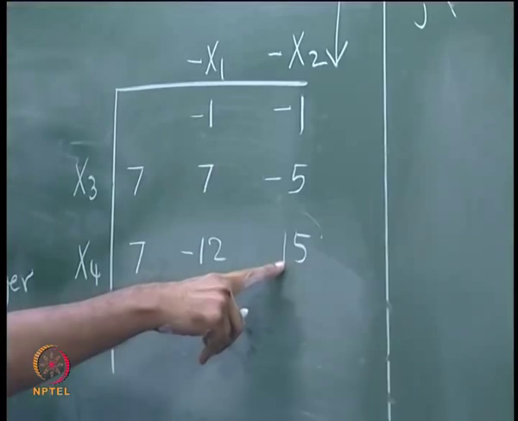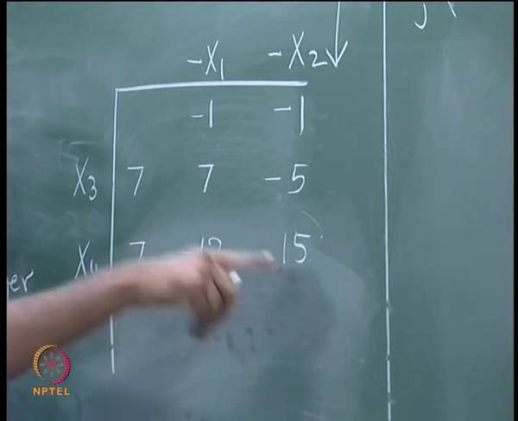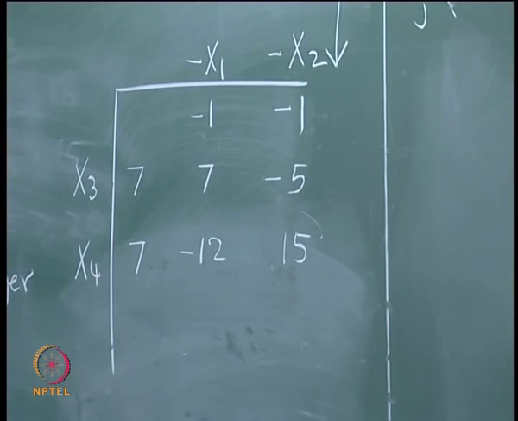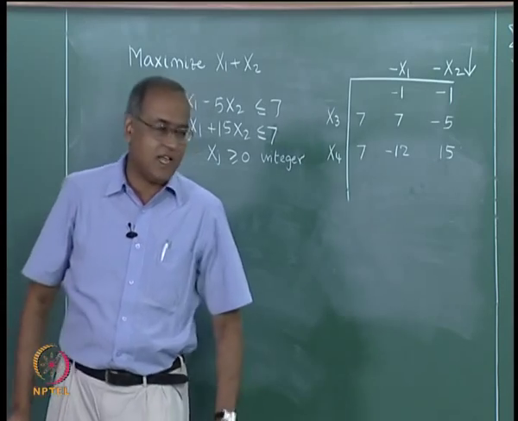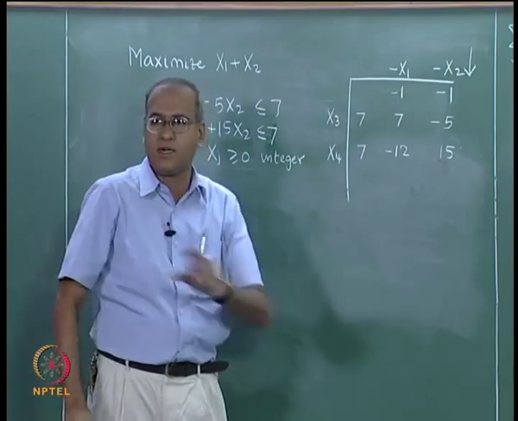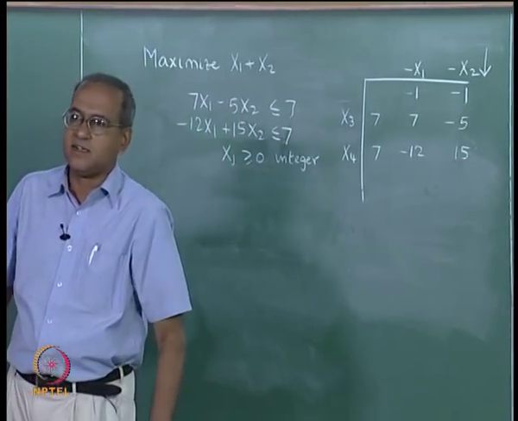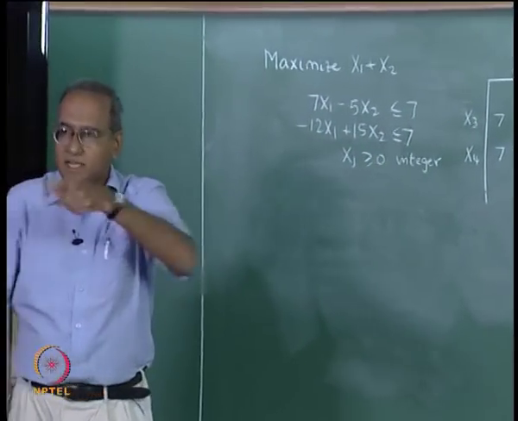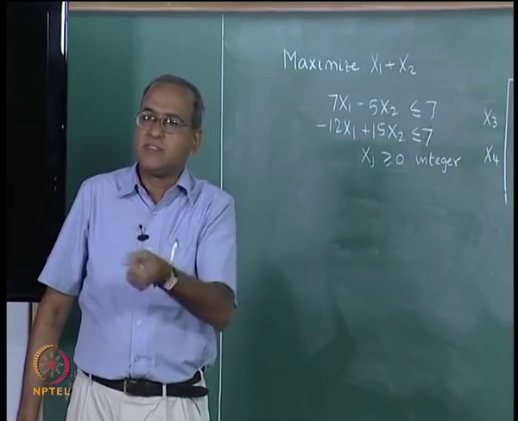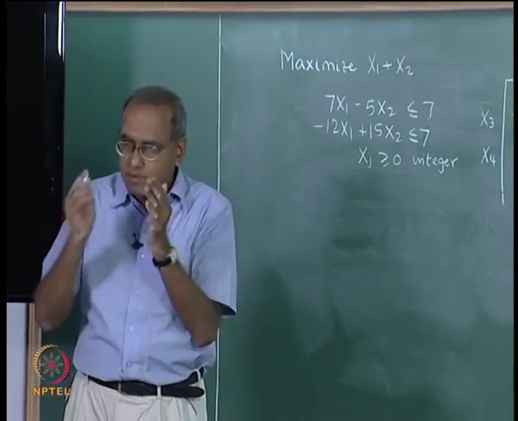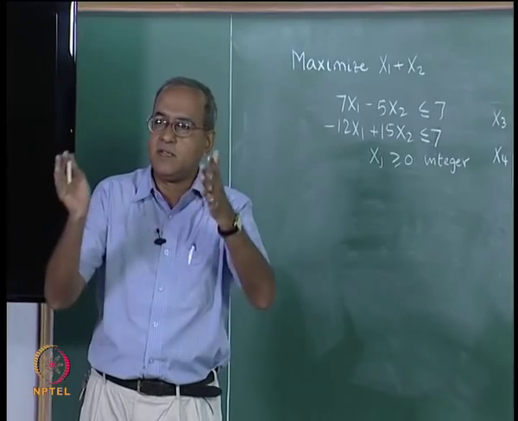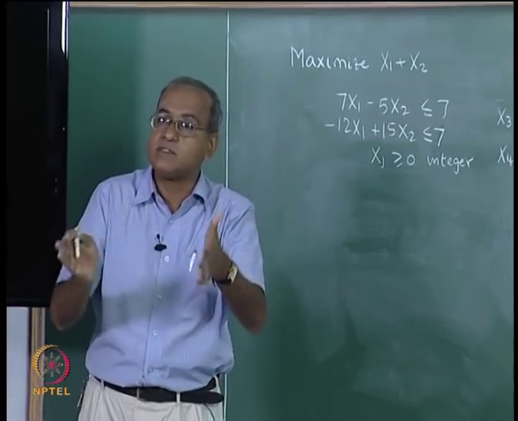Then you do not need a cut, you can simply do an iteration. Only when this value is not 1 but another positive integer greater than 1, h will be 1 by that integer, a fraction strictly between 0 and 1.